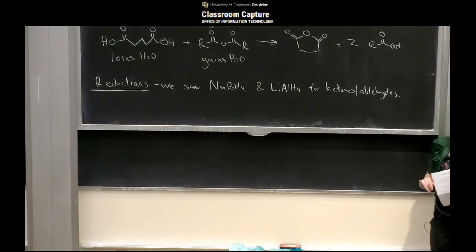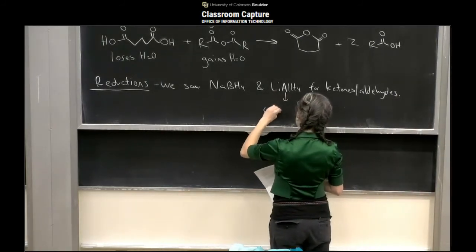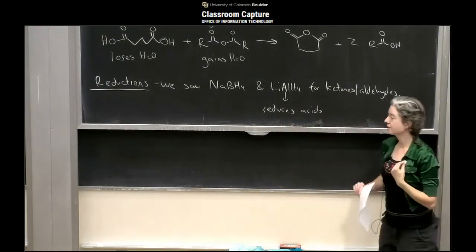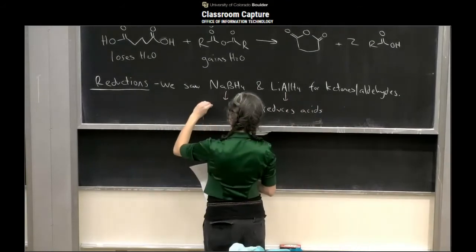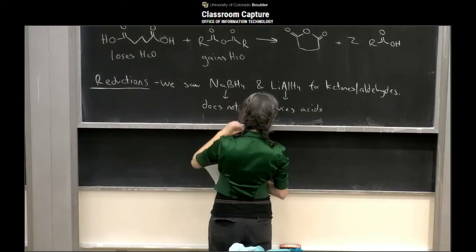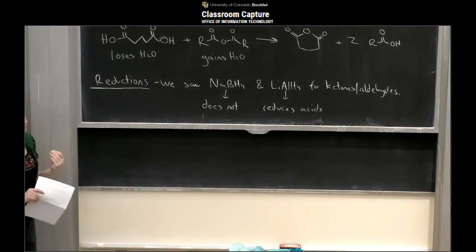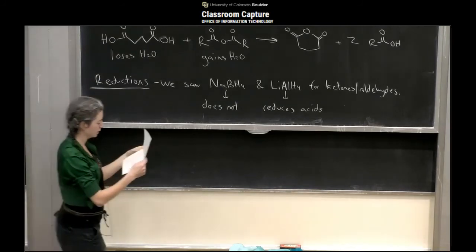For this chapter, now that we're looking at carboxylic acids, LAH is going to reduce acids. Sodium borohydride is not. Okay, so this is actually a pretty significant difference between them in terms of what's going to change to the molecule.